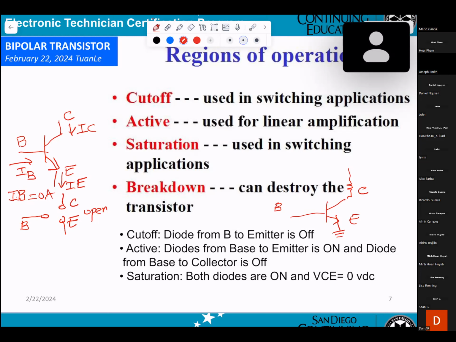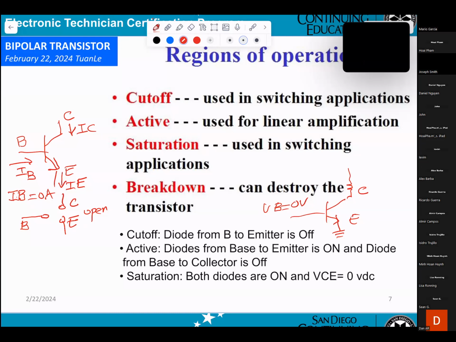If the base VB equals 0 volts, is the transistor cut off or active or saturation? If I'm given VB 0 volt, my question is, will this transistor be cut off, active, or saturation?